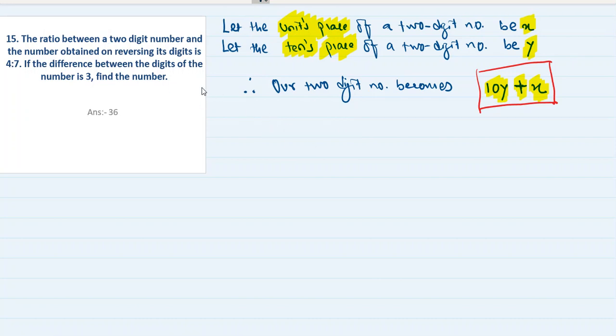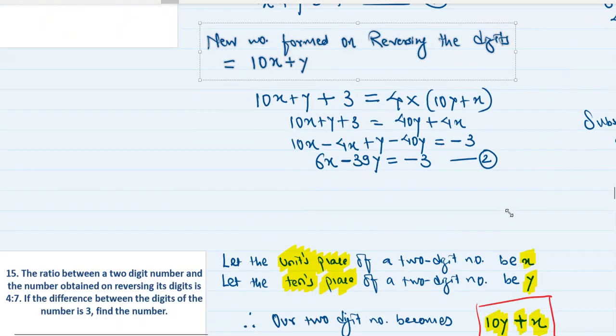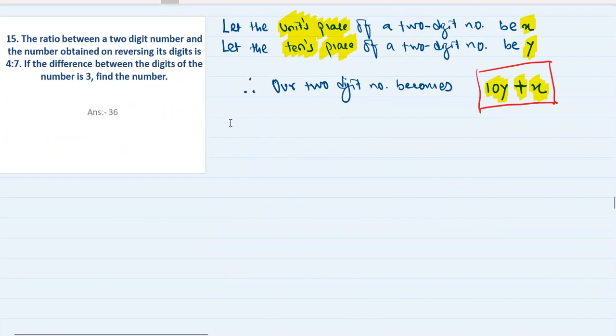Ratio between a two-digit number and the number obtained on reversing its digit. Let me add that as well. Why add it? Because I have that statement right here. Let me just copy it down.